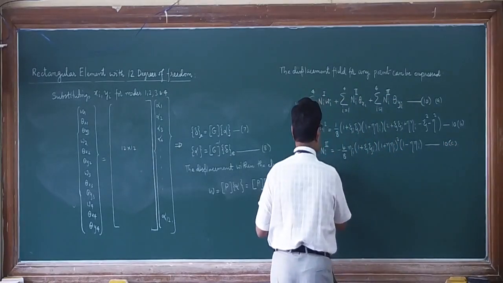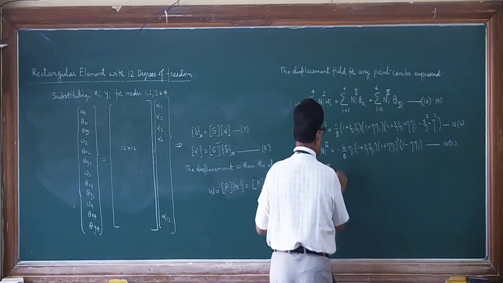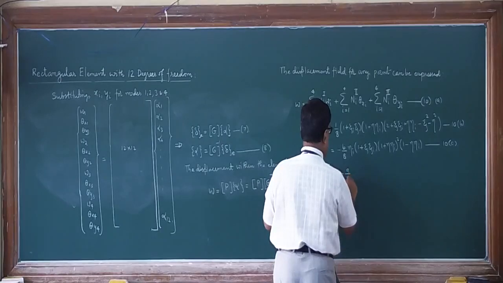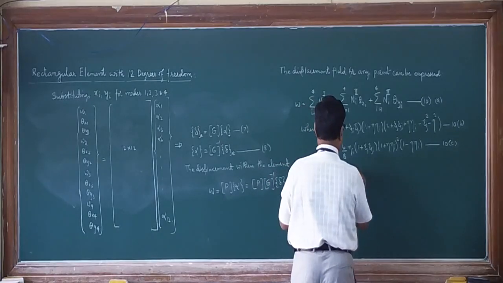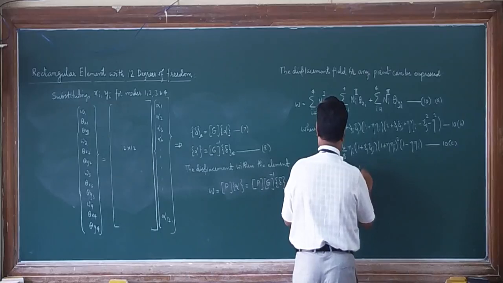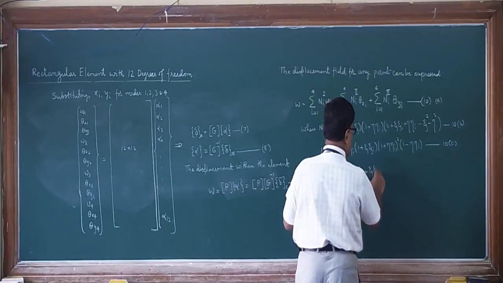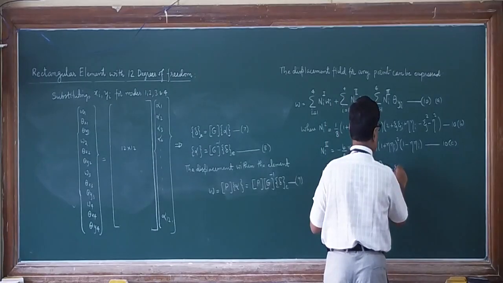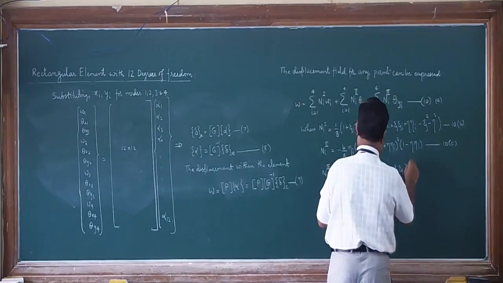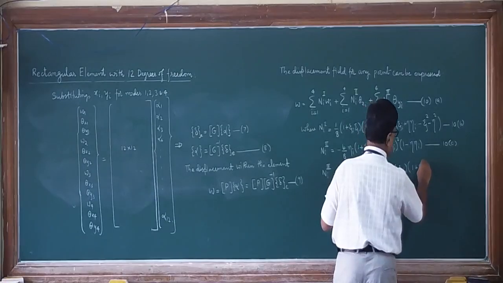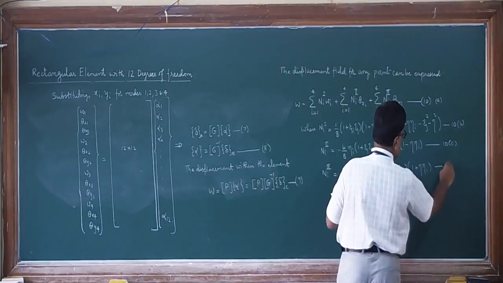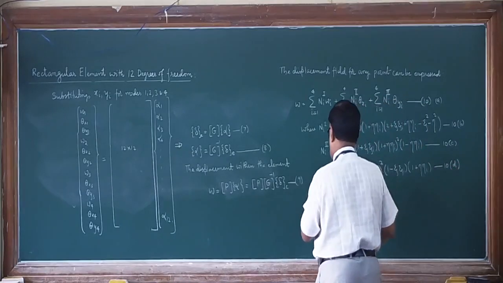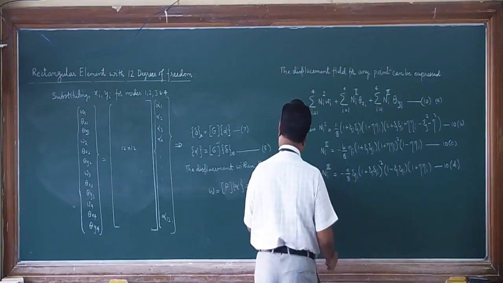Similarly, Ni3, the shape function for the third one, minus a by 8, zeta i (1 plus zeta i zeta) squared (1 minus zeta i zeta)(1 plus eta i eta). You can call it 10d, and these are the dimensionless products of zeta and eta.